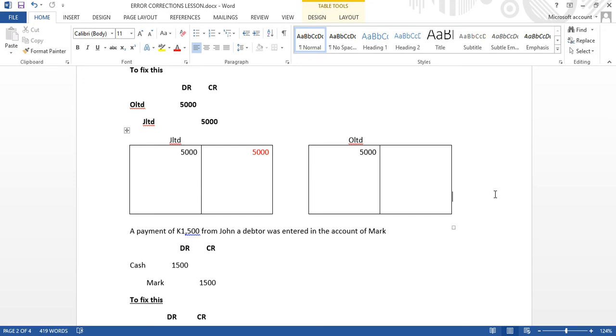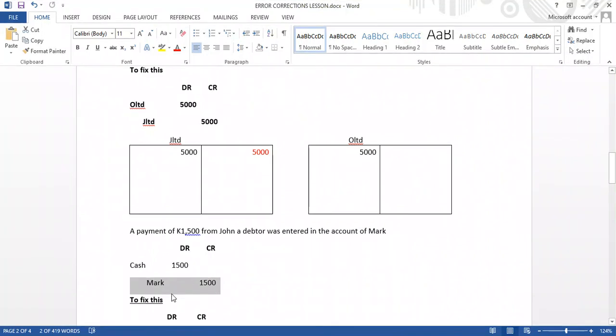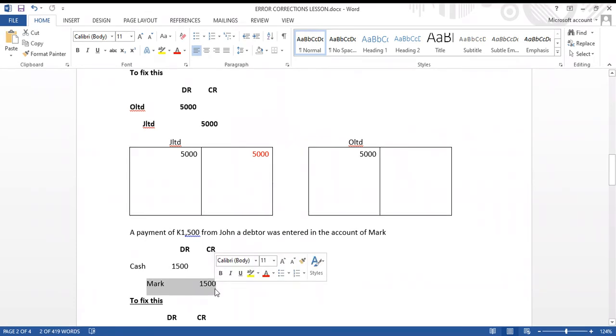There's no need for a contra entry. Here we have to remove this amount out of Mark's account and transfer it into John's account. That's what we have to do. Can you try how we do that? What we're trying to do is remove this amount from Mark's account and put it in John's account.